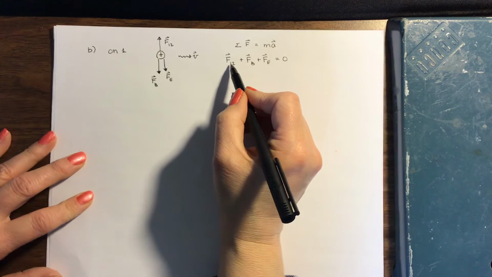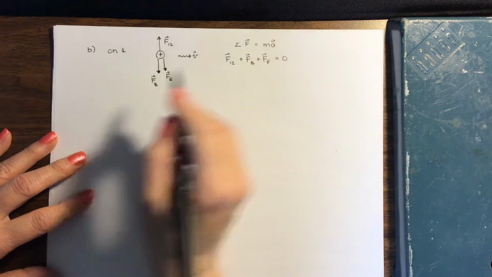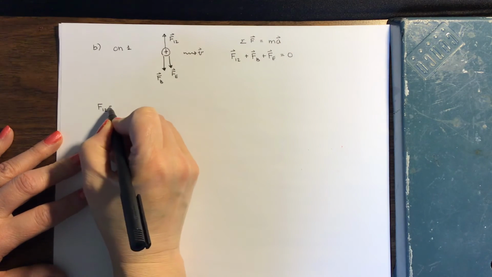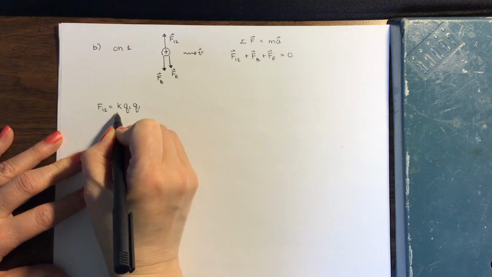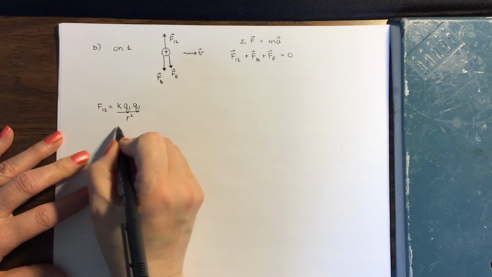Okay, my Coulomb force between my charges, why don't I go ahead and calculate that? So between 1 and 2 it has a magnitude of k times the size of charge 1 times the size of charge 2 divided by the distance between them squared.